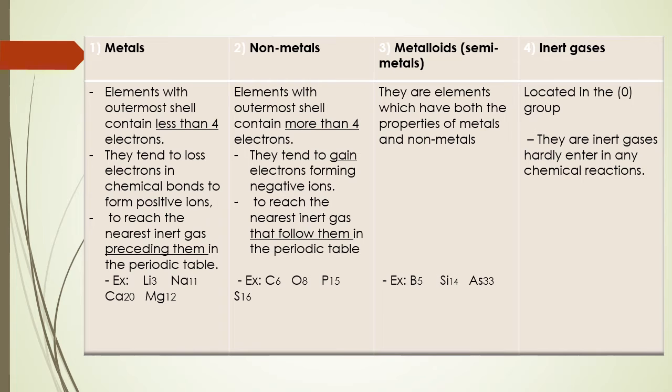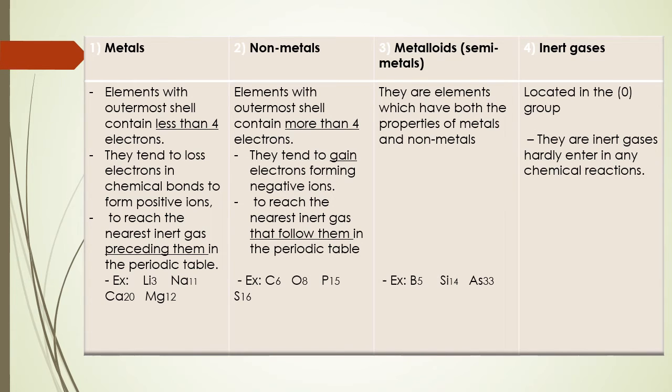Lithium is 2, 1. Lithium loses the electron in its outermost energy level, so it changes into a positive ion, lithium plus 1. Sodium is the same, 2, 8, 1, with 1 electron in the outermost energy level, so it changes into Na plus 1.